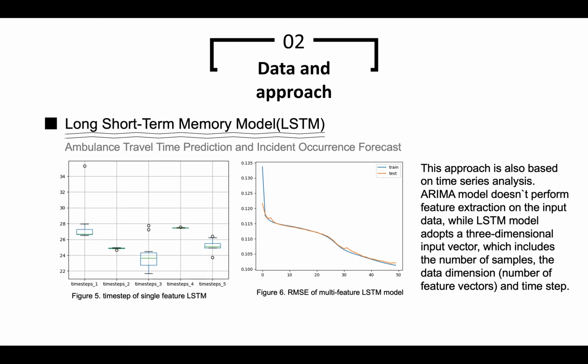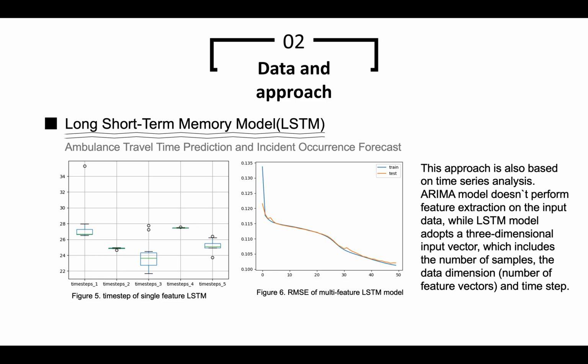Then I used a long short-term memory model (LSTM) to predict ambulance travel time and incident occurrence. This approach is based on time series. ARIMA model does not perform feature extraction on the input data, while LSTM model adopts three-dimensional input vectors, which include the number of samples, the data dimensions, and time step.